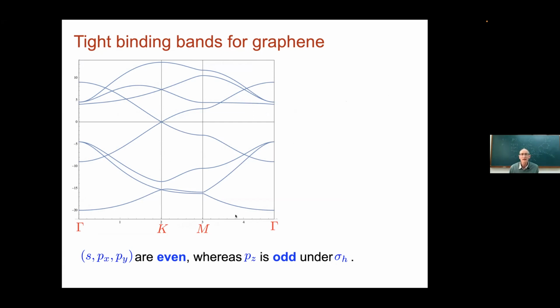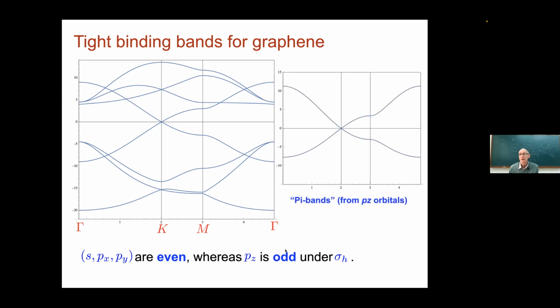So in some sense, I can compute independently the two bands that come from the two pz orbitals. And these are called the pi bands, and they are by far the most important bands for the electronic properties, okay? Because this is the famous Dirac point, this is the Fermi level.